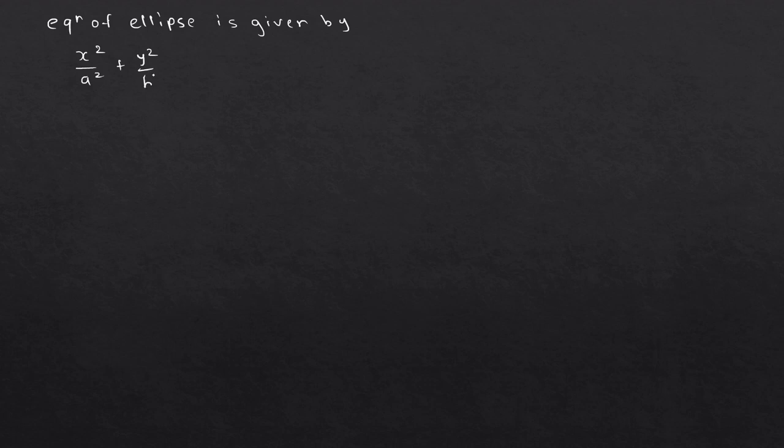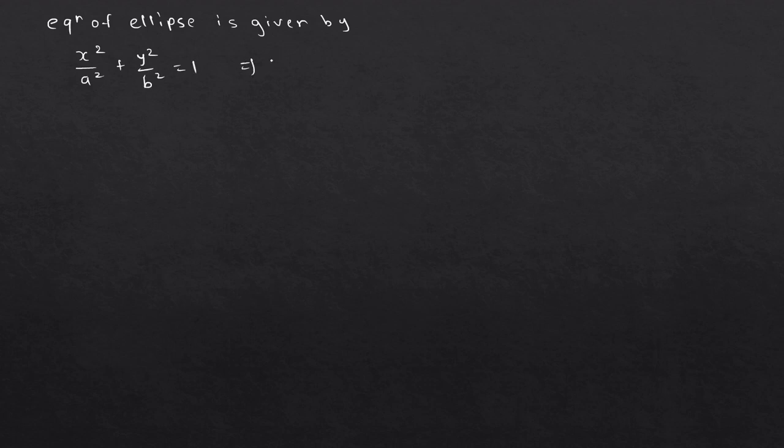So we have to write the standard equation of the ellipse. Equation of ellipse is given by x square upon a square plus y square upon b square is equal to 1.